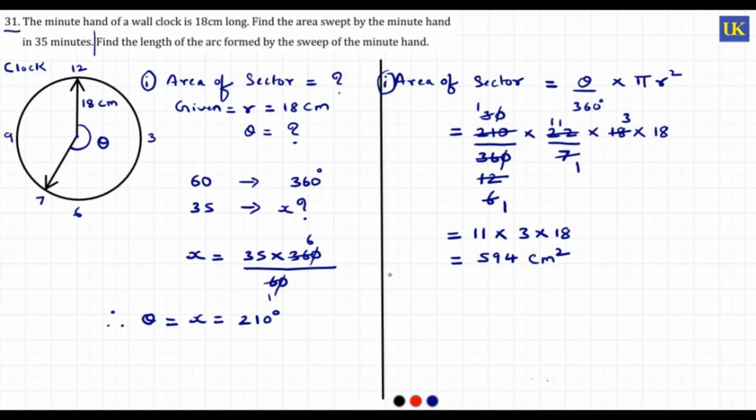Now the second thing we will find out, which is what they are asking. They are asking to find the length of the arc formed by the swept of the minute hand. So arc means what? Arc means this portion. Let me just show you.